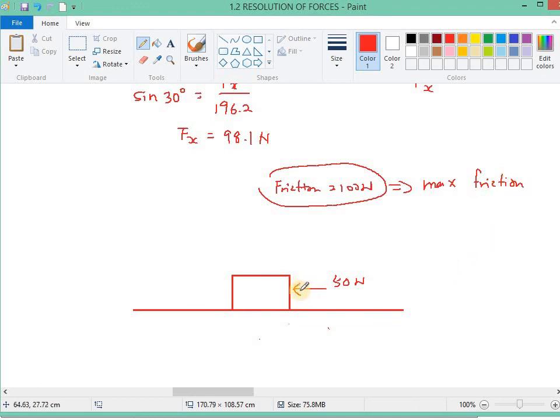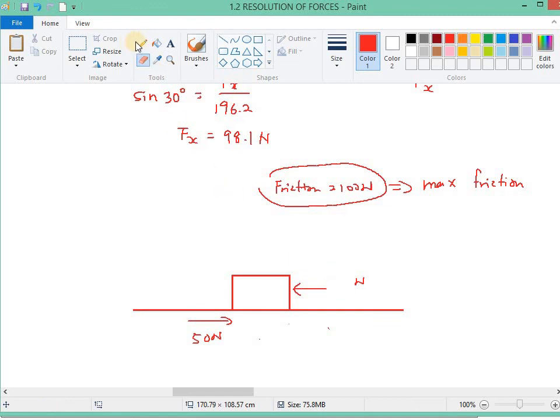If you push with 50 Newton, then the friction will act 50 Newton also, so the object cannot move.